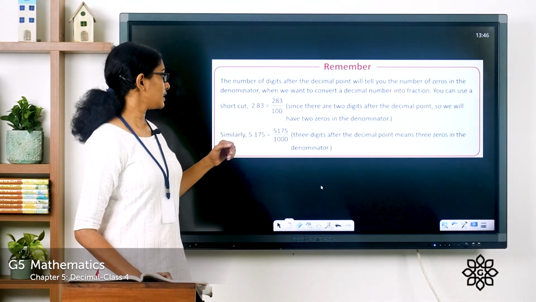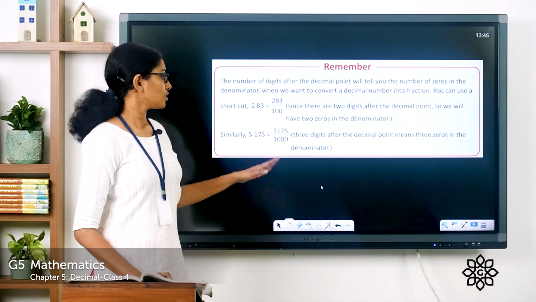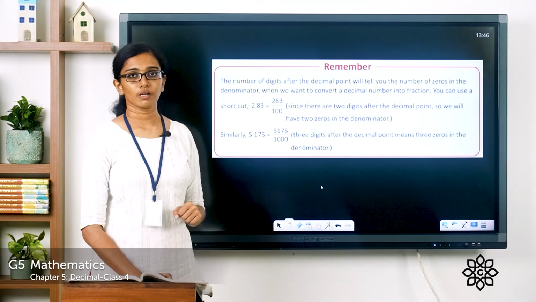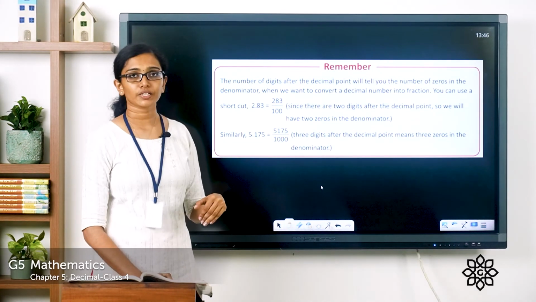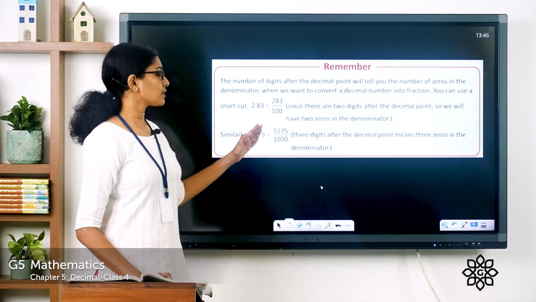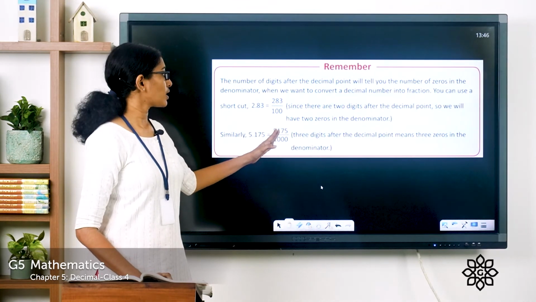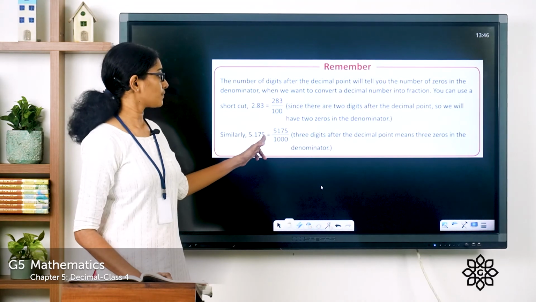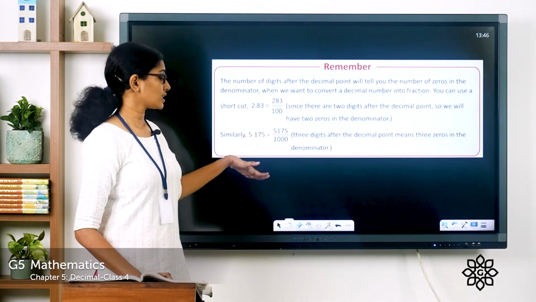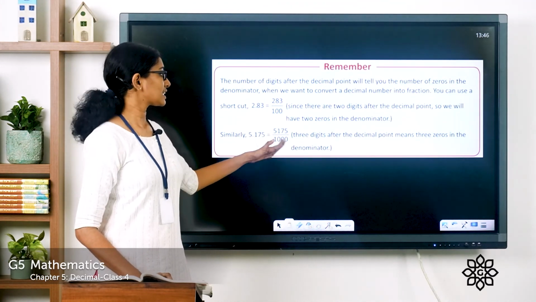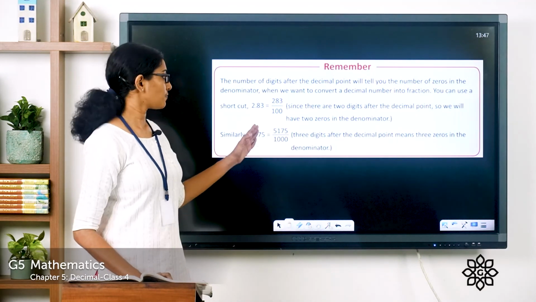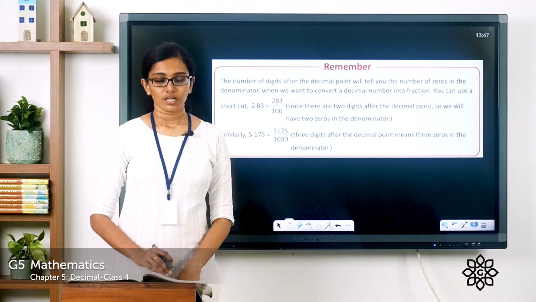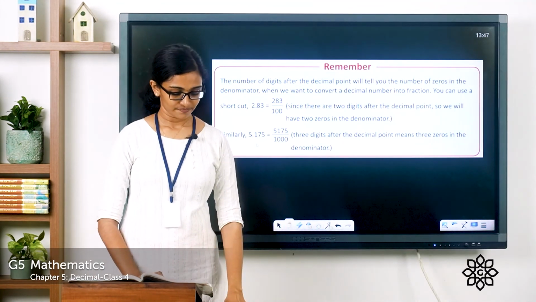Similarly, 5.175 has 3 decimal places after the decimal point, so there should be 3 zeros in the denominator. So it is 5175 by 1000. Hope this is clear to you, children.